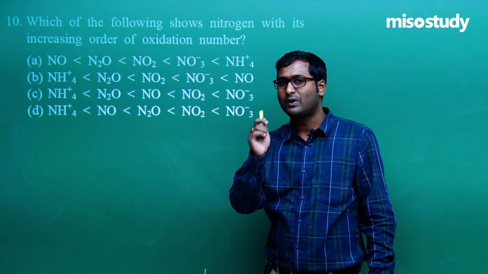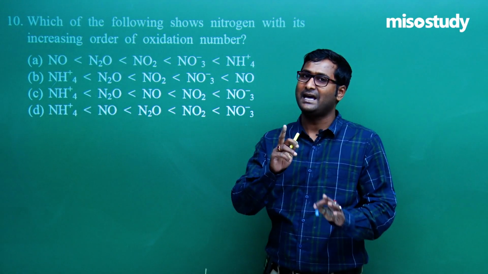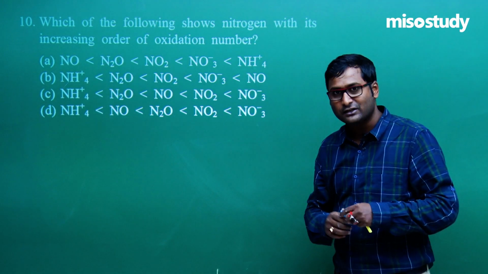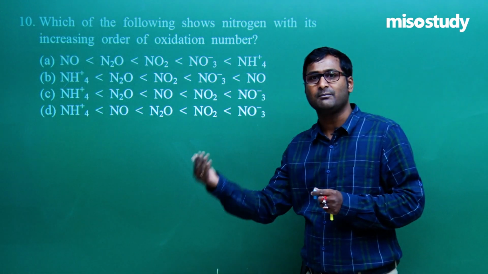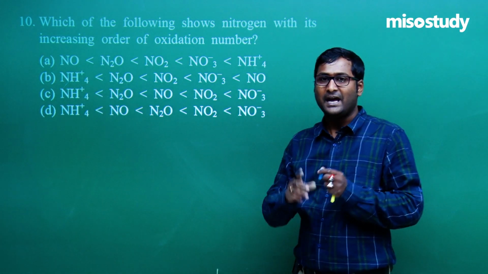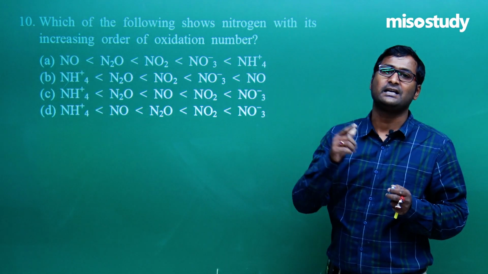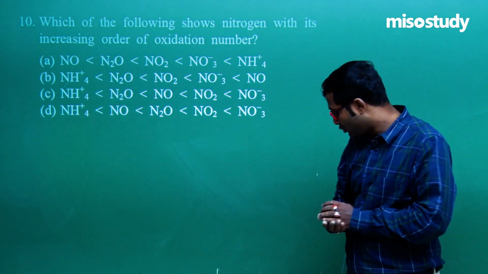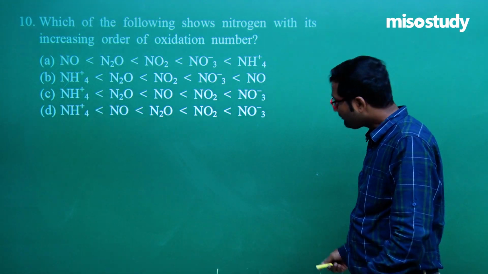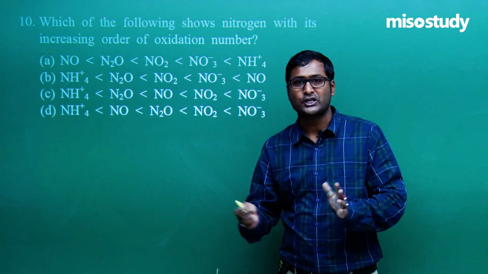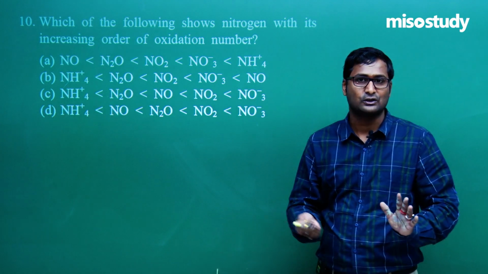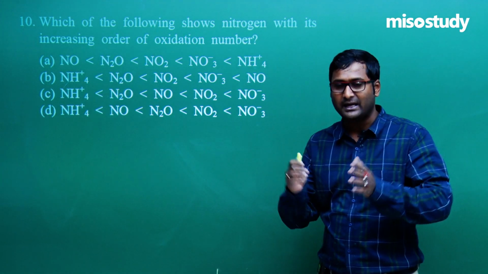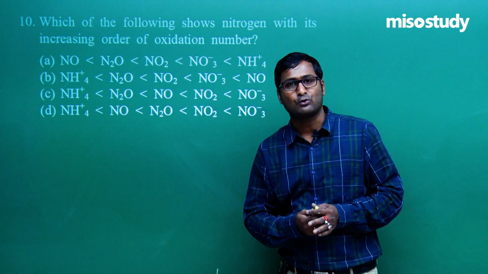If anyone asks you what a reducing agent is, that is the gain of electrons. In case of an oxidizing agent, there is a decrement in oxidation state. In case of a reducing agent, there is an increment in oxidation state during the reaction. Clear to you? So I think now you can easily solve questions related to redox reactions. If you have any doubt, you can easily approach me.